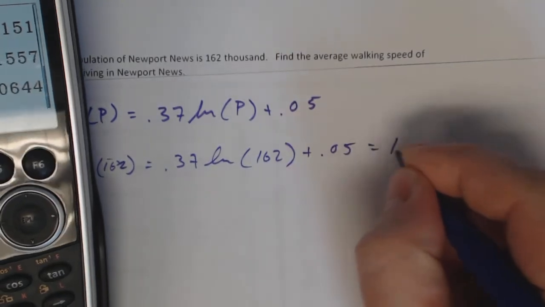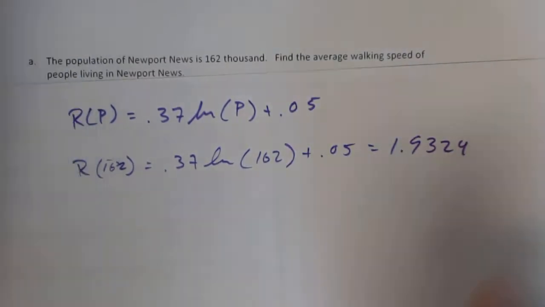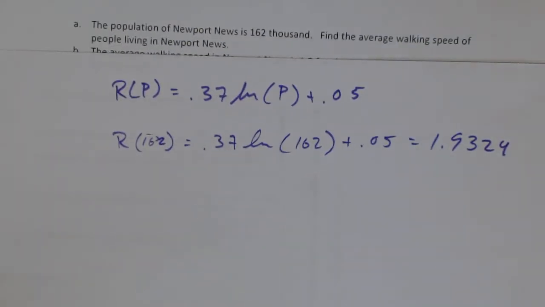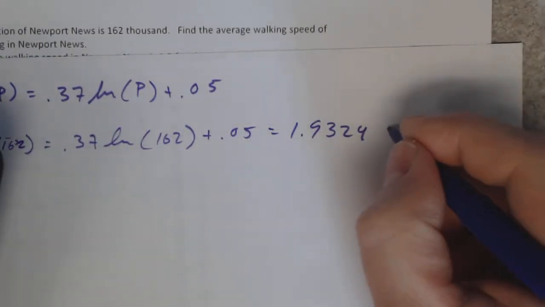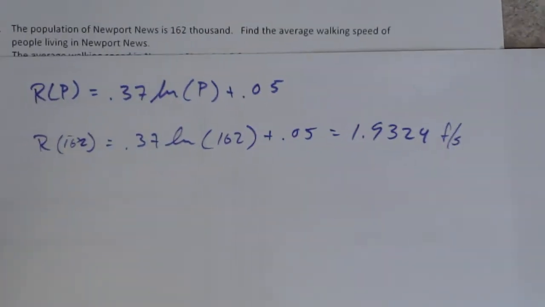I get 1.9324. And what were the units there? Feet per second.